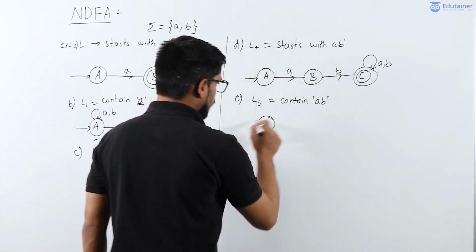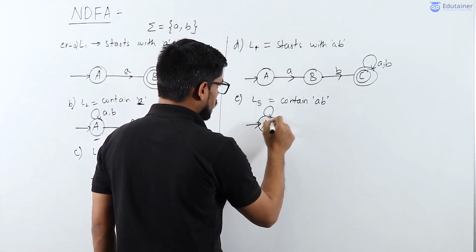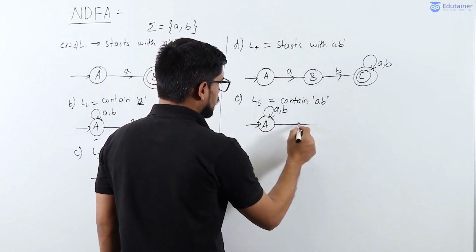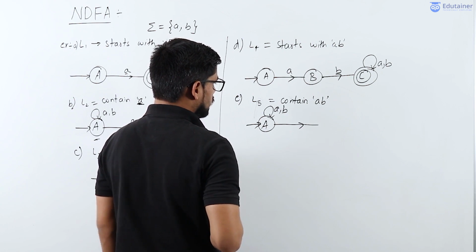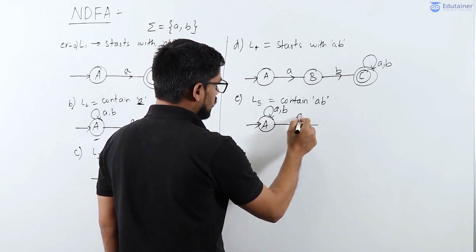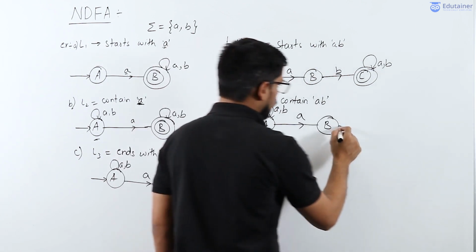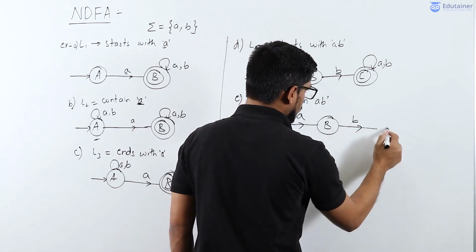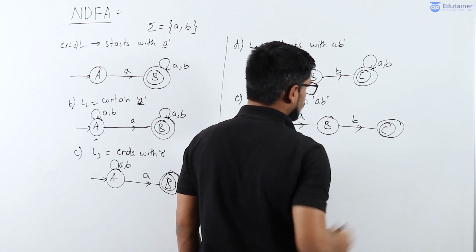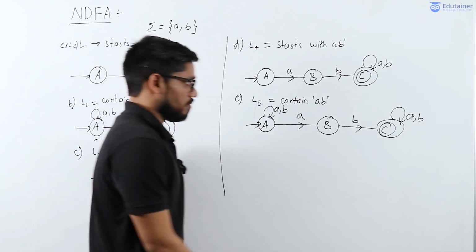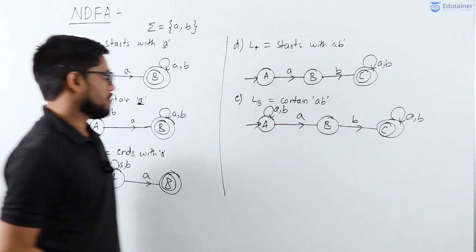So I will take an initial state, and on small a, small b, I will take a transition on A itself. On small a, I will take a transition to capital B. On small b, I will take a transition to capital C. Capital C is the final state, and the final state will accept any number of A's or any number of B's.